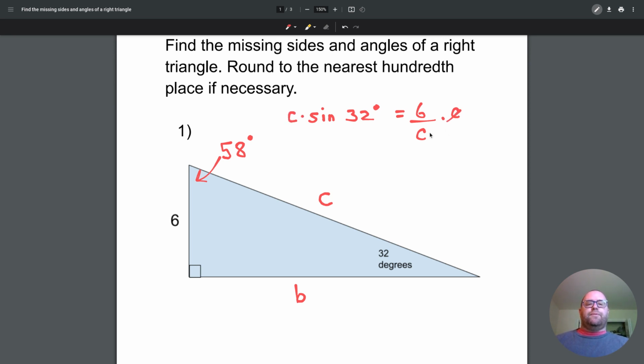And these will cancel. So we'll get C times the sine of 32 degrees is equal to 6. And then we'll divide both sides by the sine of 32 degrees, and these will cancel. And so C is equal to 6 divided by the sine of 32 degrees.